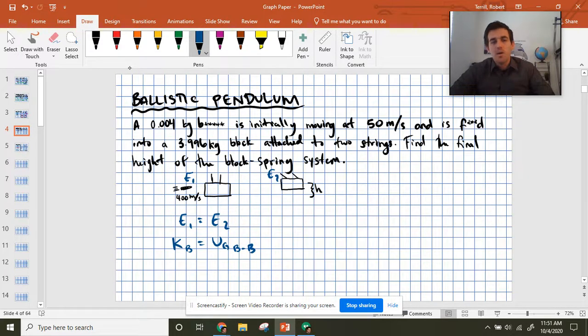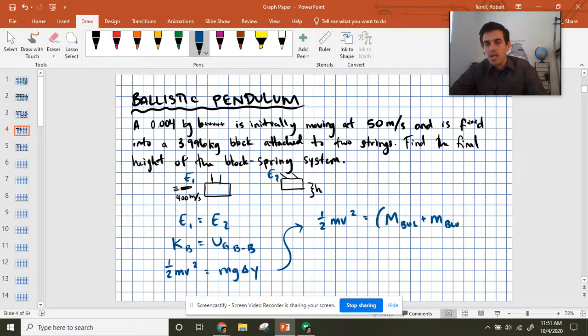So from there, we can just plug in our formulas: 1/2 mv squared equals mg delta y. But I need to change my mass term. I need 1/2 mv squared equals the mass of the B word plus the mass of the block times g delta y, because afterwards, when they're together, their mass is combined.